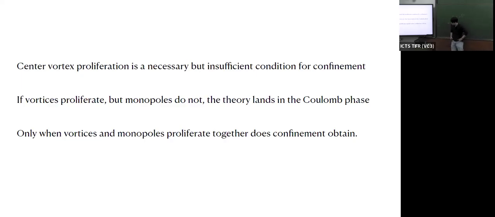I'm sort of accepting the fact that when monopoles proliferate or condense, that is what causes confinement. To some extent, this is a rigorous statement if you can define monopoles, right? But monopoles are attached to the junctions of vortices. So if monopoles proliferate, then vortices have to proliferate as well because they're attached to them.